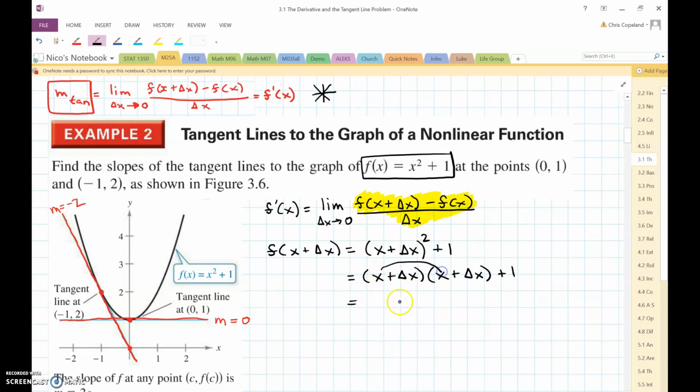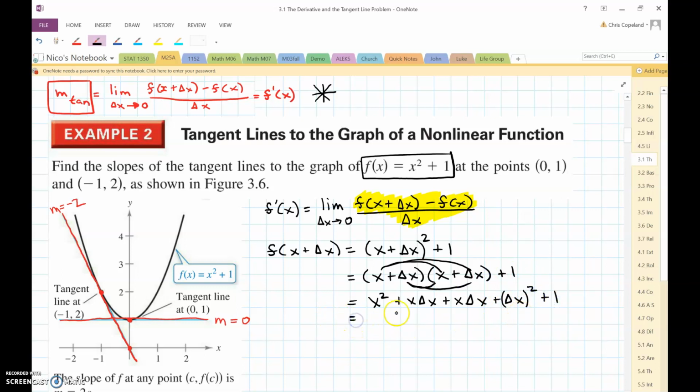X times x would be x squared. X times delta x would be x delta x. Delta x times x would be x delta x. And delta x times delta x would be delta x squared, plus 1.